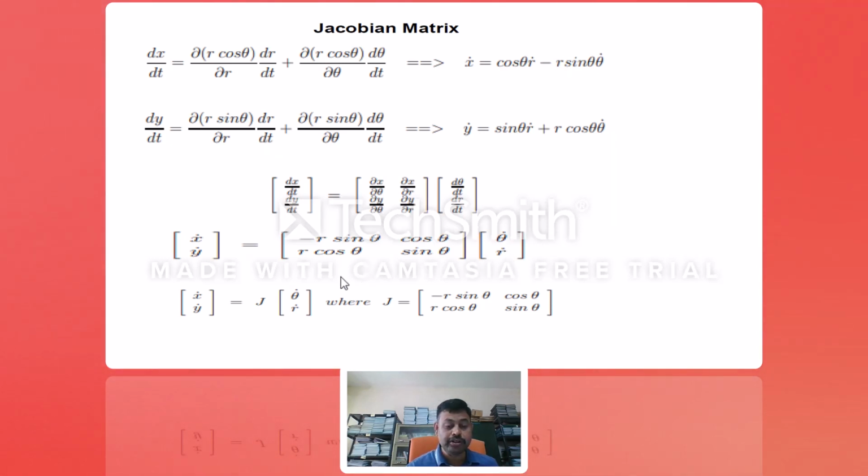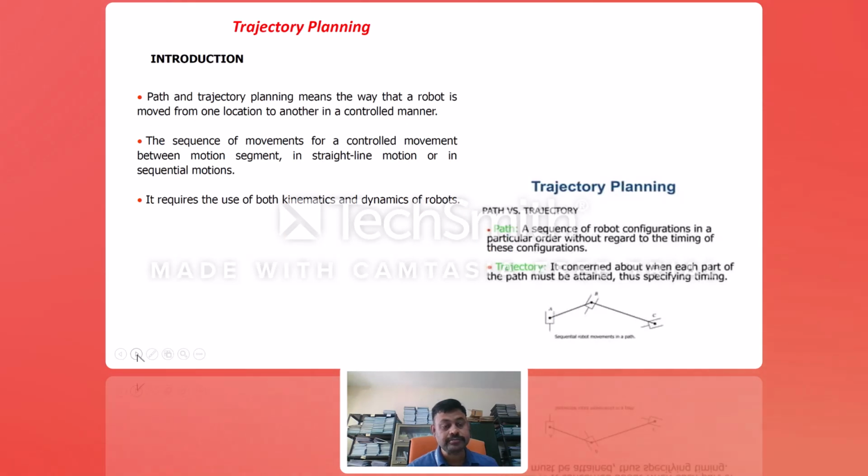So finally, if you want to make a Jacobian: minus r sin theta, r cos theta, sin theta, this is called J, the Jacobian matrix, times theta dot and r dot. So this is the direct equation. For real-time application, once you know the angle theta and r value, you can straight away apply them and estimate the Jacobian matrix.